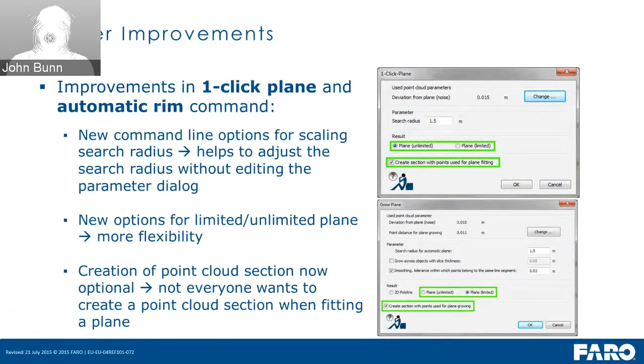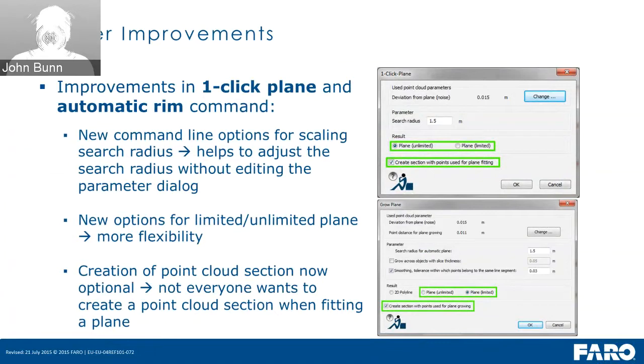So you don't have to go into the parameters dialog box and actually change that search radius value. It's very similar to like in Microsoft Word, where you can just click a button to increase the text size or decrease the text size. Works very similar to that. So it just avoids you having to go into that parameter dialog box, change the value, and then go back, and then do that multiple times till you get the right radius.